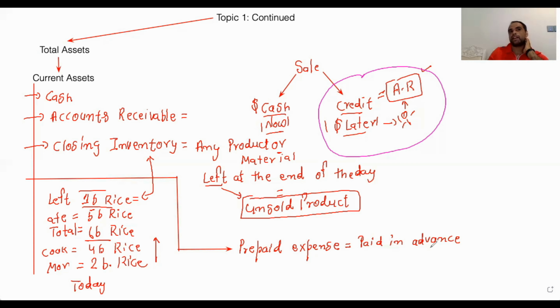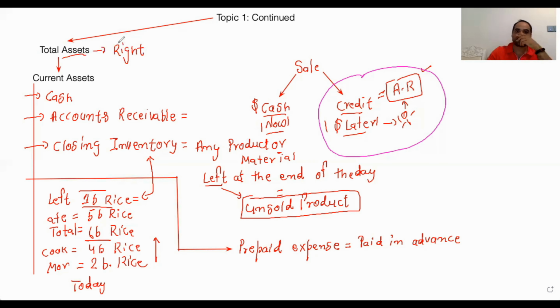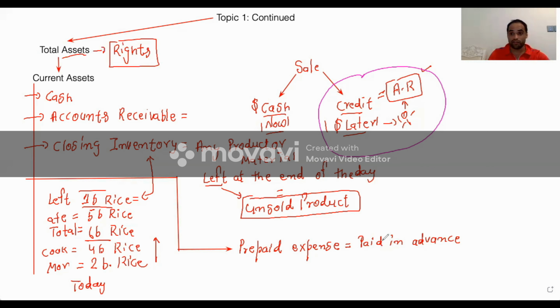Now, what does paid in advance mean? Why does paid in advance mean current asset? So always remember one thing: assets mean rights, privileges. An asset means a right. You have a right on that asset. Something that you paid in advance, you have a right to use.